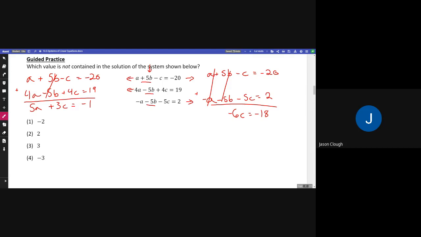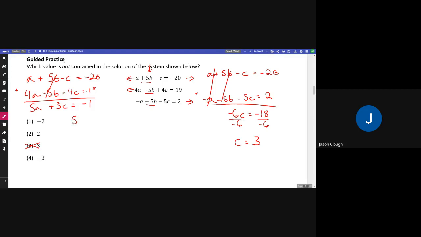All right. This is actually making our lives really easy because we could divide both sides by negative 6. And we get c equals 3. Because 18 divided by 6 is 3. Now that I know this, I can actually get rid of that choice because so far we do have that c is equal to 3.